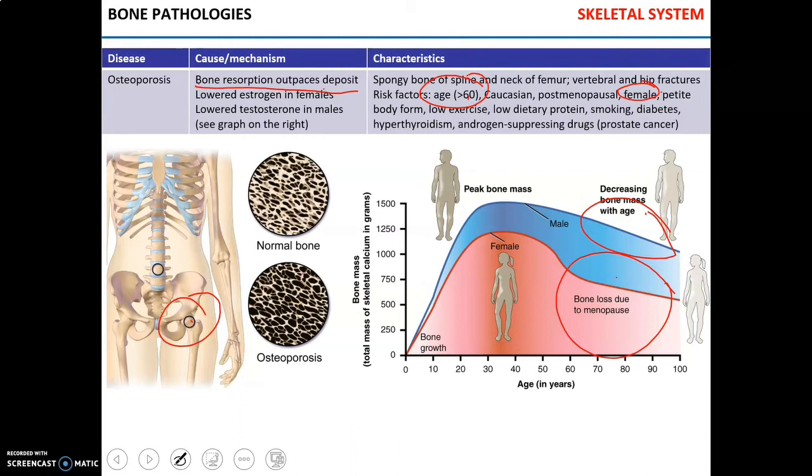Other risk factors include insufficient protein in the diet, diabetes, smoking, hyperthyroidism. Interestingly enough, in males, androgen-suppressing drugs, which reduce the amount of testosterone in the blood, may also contribute to decreased bone mass and osteoporosis.